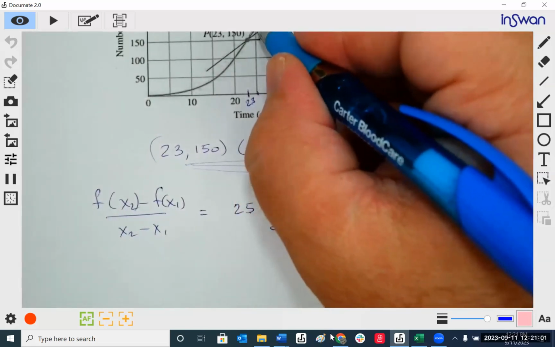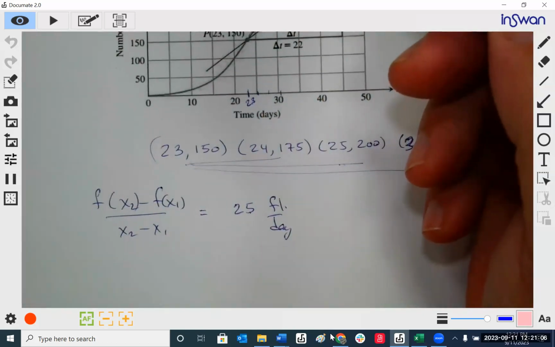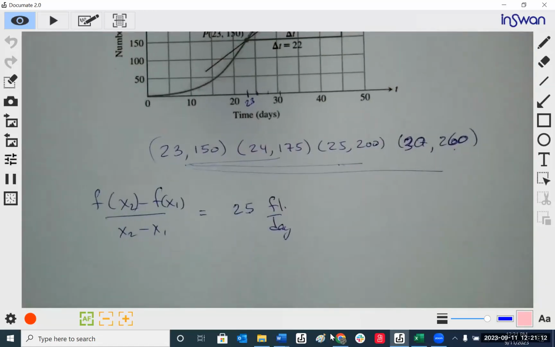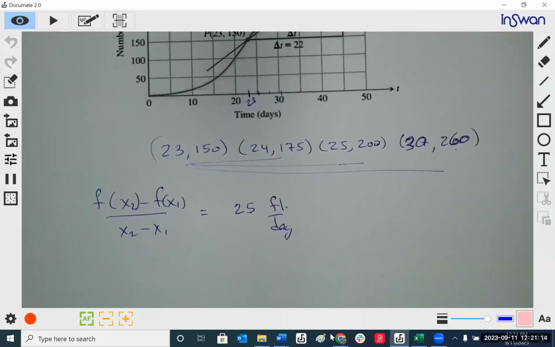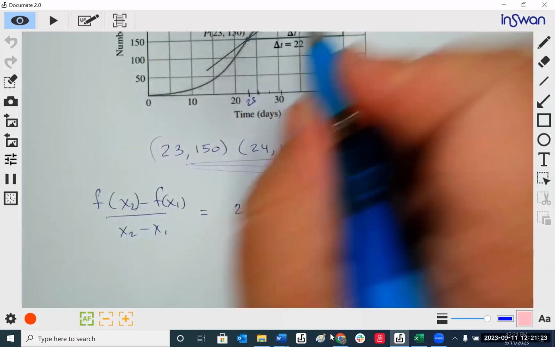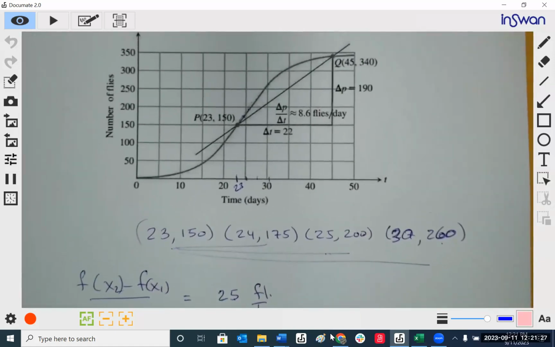25 is here, 24 is here. Ideally, what you do is pick some numbers that are easy to calculate, but that's why I hate these. I'm sorry, you can see my graph.